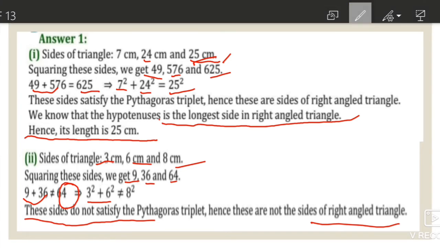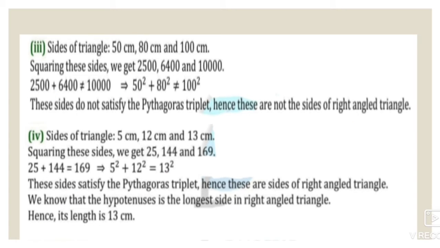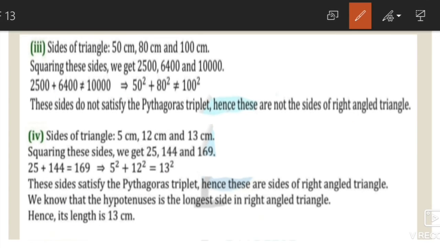Now part number 3, the sides are given as 50, 80 and 100 centimeter. The method is the same. Square 50, you will get 2500. The square of 80 is 6400 and the square of 100 is 10000.